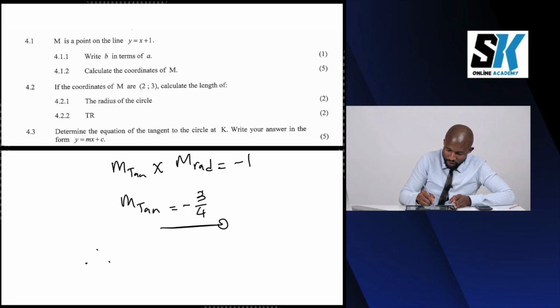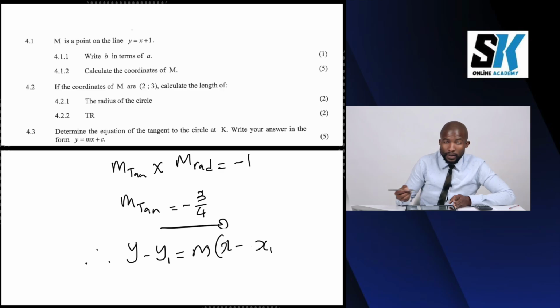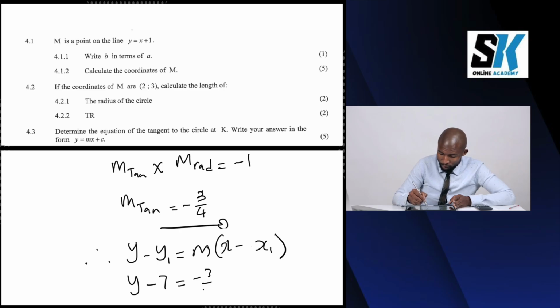Therefore, we can find the equation of the tangent, which is the question that they asked. Okay, I made a mistake there. It's going to be y minus y1 equals m times x minus x1. Now we can use the coordinates of K. So y minus 7 is equal to our m, negative 3 over 4, times x minus 5.